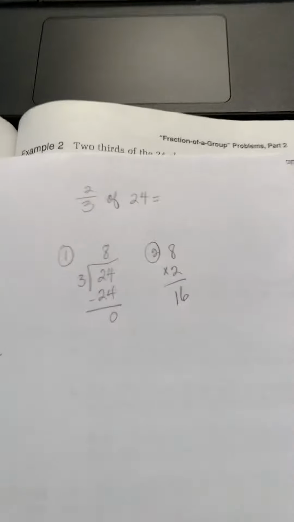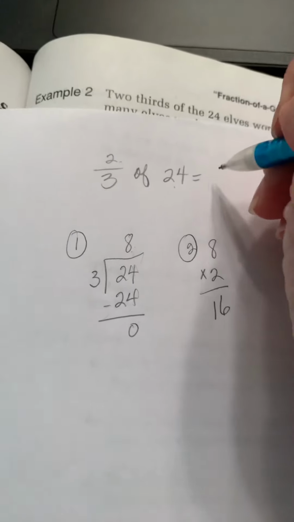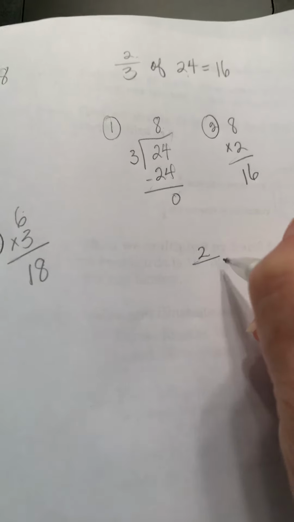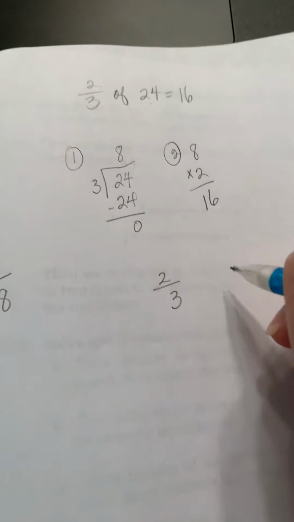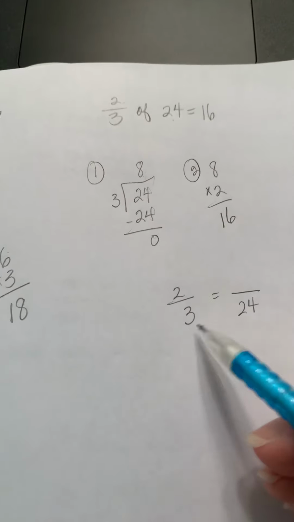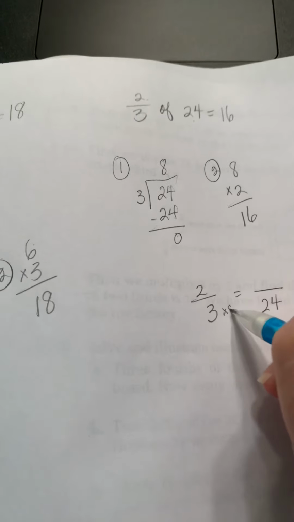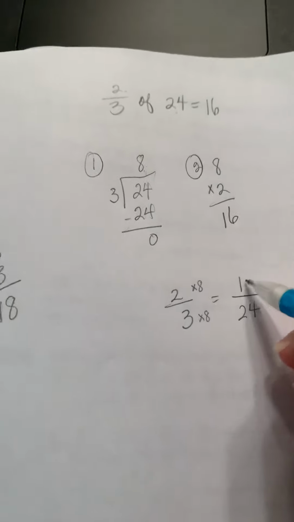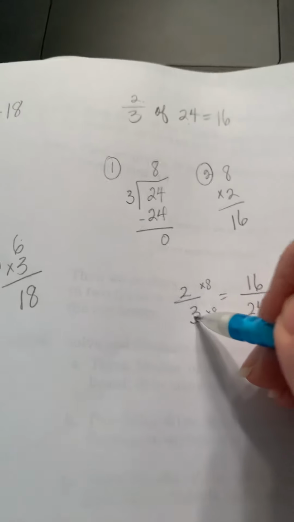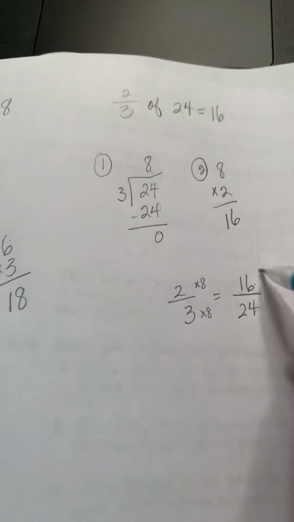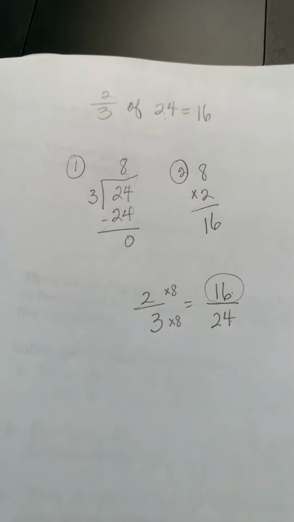And if you wanted to see it again as a fraction, 2/3 is the same as blank 24ths. 3 times what is 24? 8. Then we multiply the 2 times the 8 as well, and we get 16. So 2/3 of 24 is 16 out of 24. So our answer is 16 elves worked in the factory.